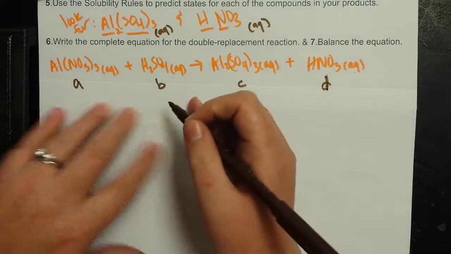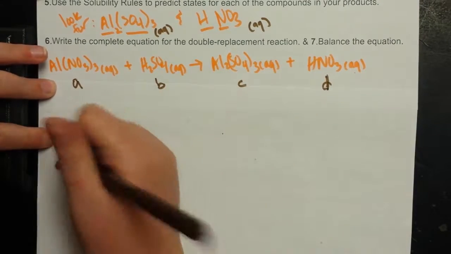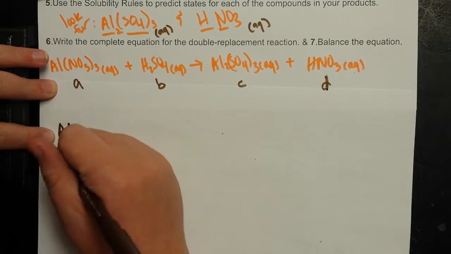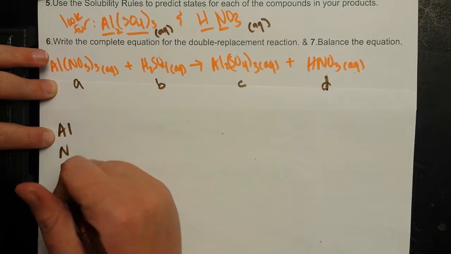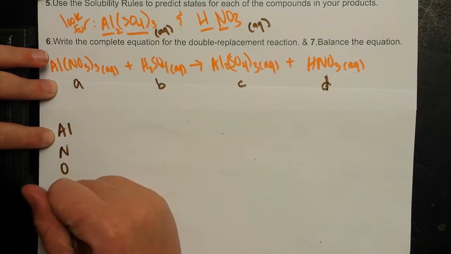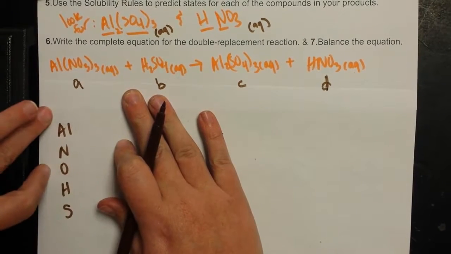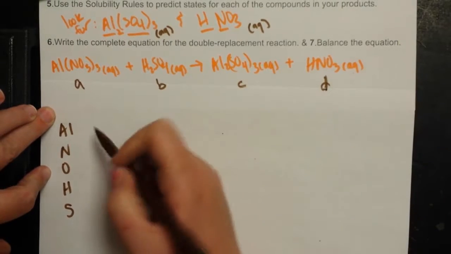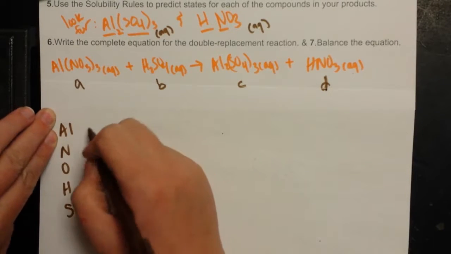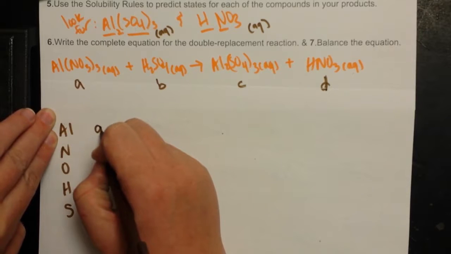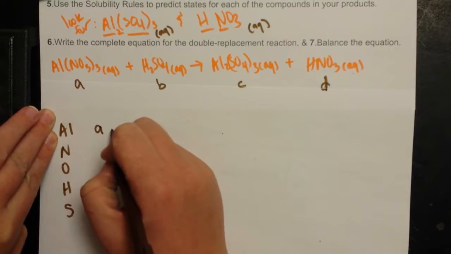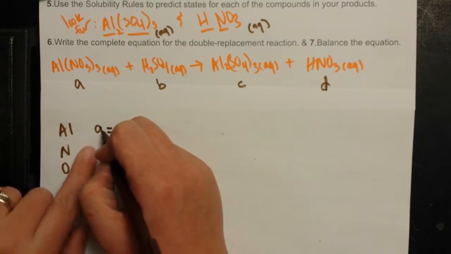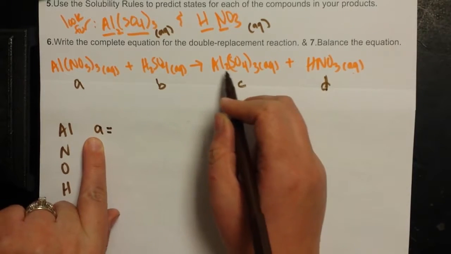Okay. My elements I have are aluminum, nitrogen, oxygen, hydrogen, and sulfur. Okay. I know that there's 1 aluminum in every A, so I'm going to just say that it's equal to A, because however many A's I have, I'll have the same number of aluminums. Law of conservation of mass says whatever I begin with, I must end with.